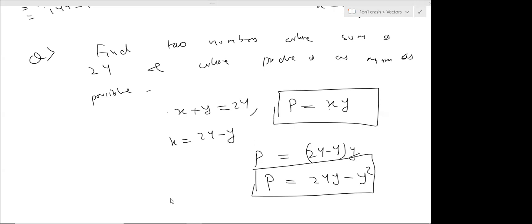We're differentiating with respect to y, right? Not x. Yes, whatever variable you have, differentiate according to that.